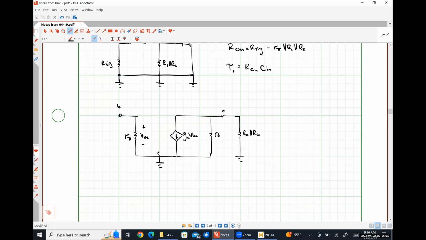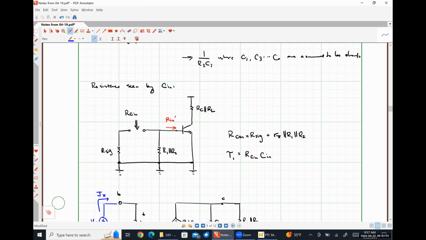Okay. So if I put a test voltage source here, the resistance looking into the base is just the ratio of Vx over Ix, right? I'm not worried about that part right there.